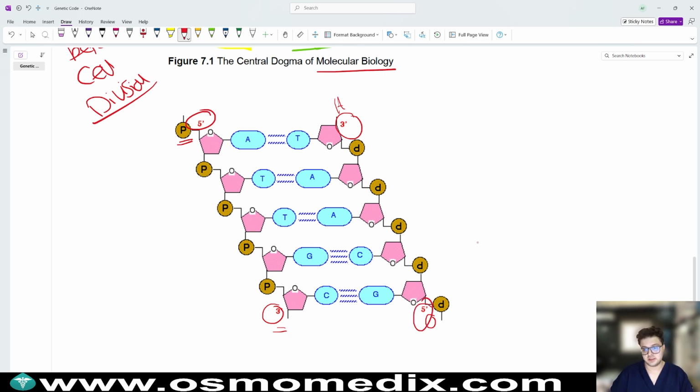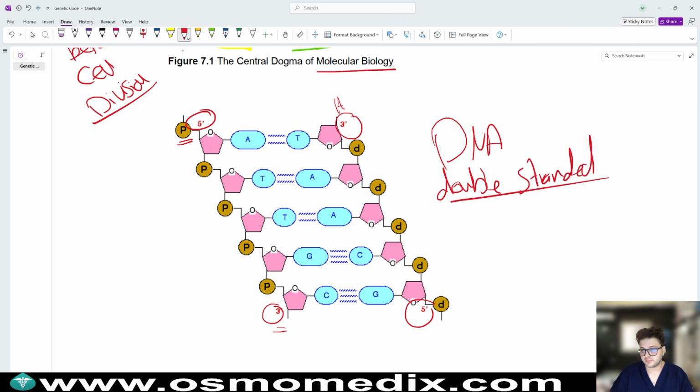DNA is double stranded, right? RNA is single stranded. This is basics of science.